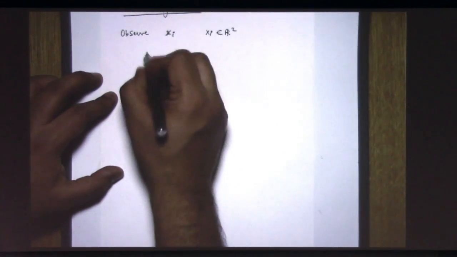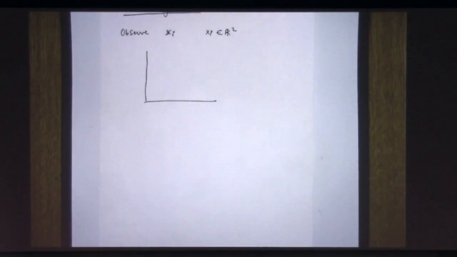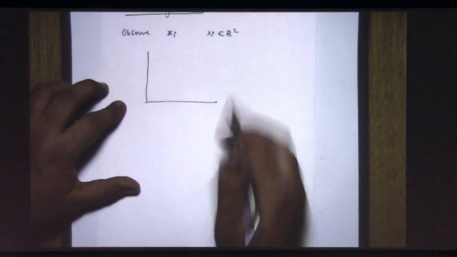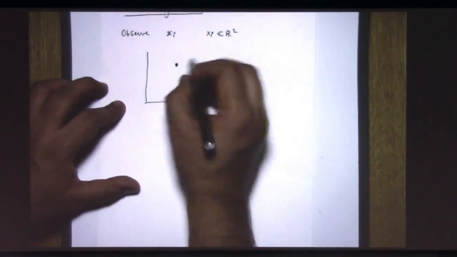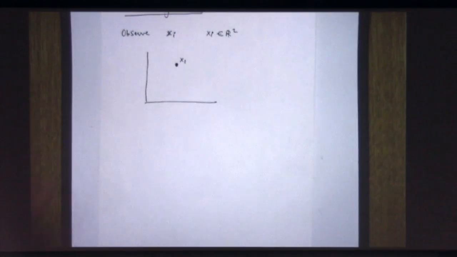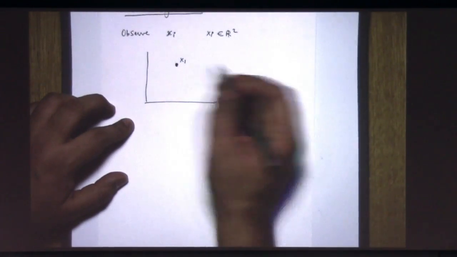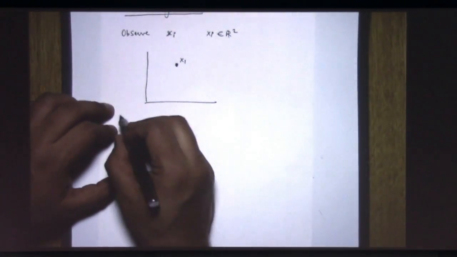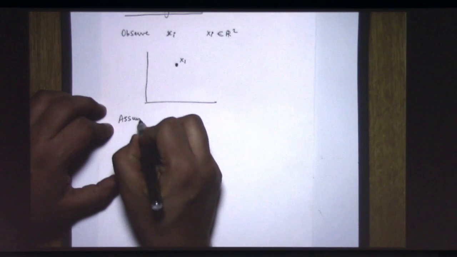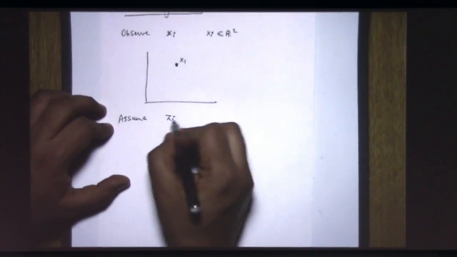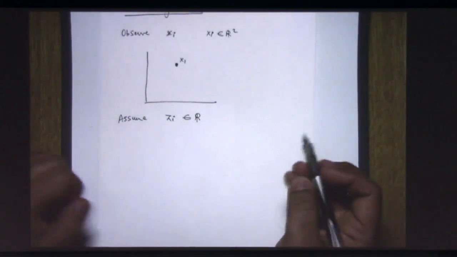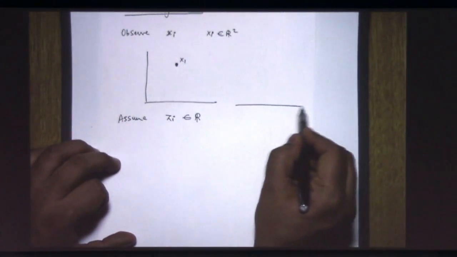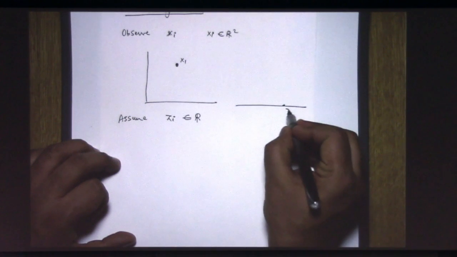That means that they are in a two-dimensional space, right? So we observe some xi, let's call it x1, and we assume that zi, which is the hidden random variable, belongs to R, so just one-dimensional space, which means that on this number line you have some z1.